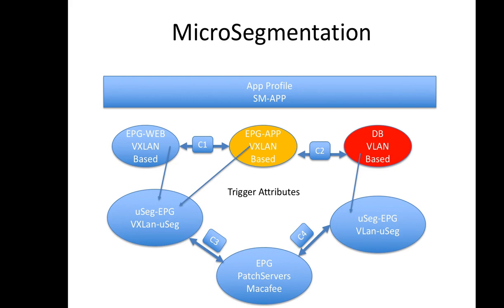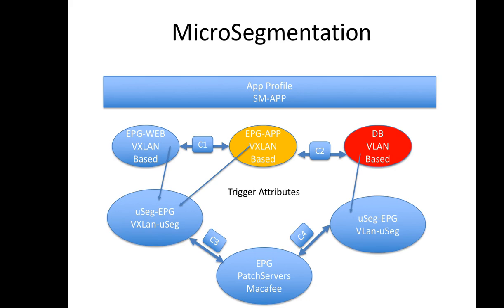So it is possible for a system to put in an attribute on the VM that indicates that it's been compromised, and the microseg EPGs are set up in a way that that attribute triggers it to move into the microseg EPG. The microseg EPG has contracts with the patch server EPG, and the patch servers in that EPG go ahead and patch the VMs that are in the microseg EPG.